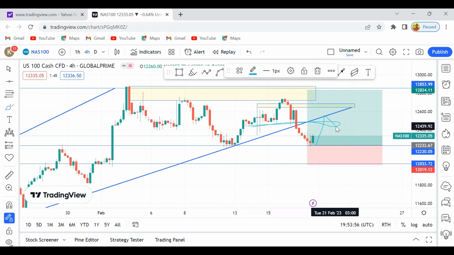If it does break this candle, then our stop loss is going to be hit at this level here. But if it does not break and continues to go down, then that's when we do have a sell from NAS100.